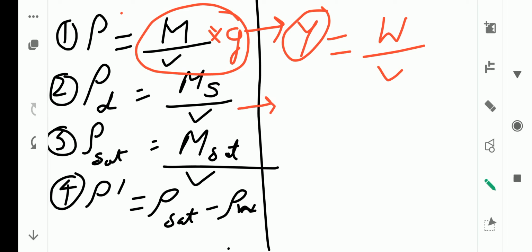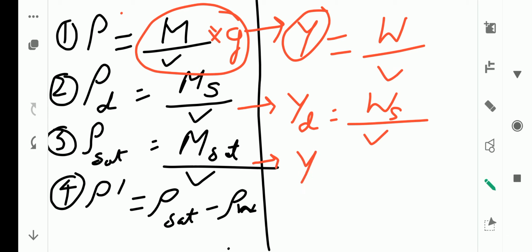For dry density there will be dry unit weight, and it will be weight of solids by total volume. Instead of saturated density, we will have saturated unit weight, right?